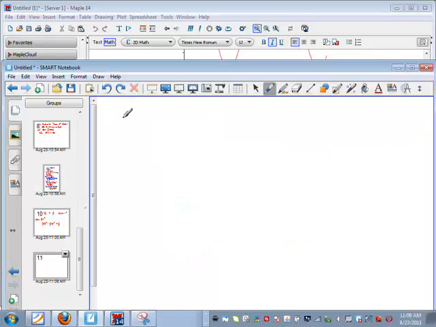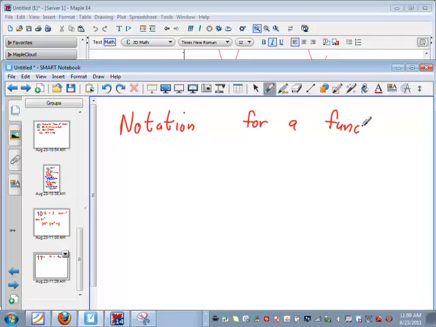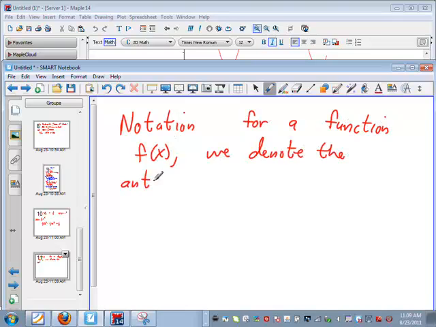Okay. So, notation. I keep saying antiderivatives over and over again. Right? For a function f of x, we denote the antiderivative by this.